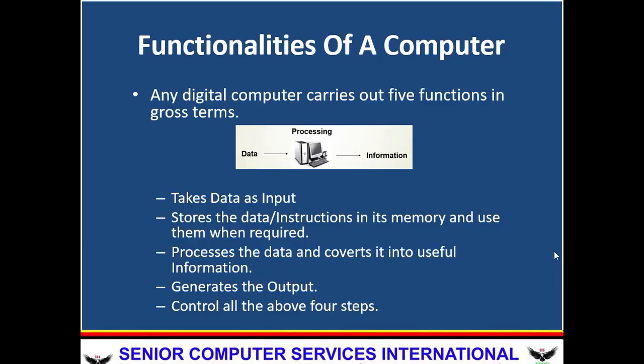It should be able to generate an output, whereby I receive what I have instructed a computer to do. So a computer should control all the above steps: data input, process, store, output, among others.